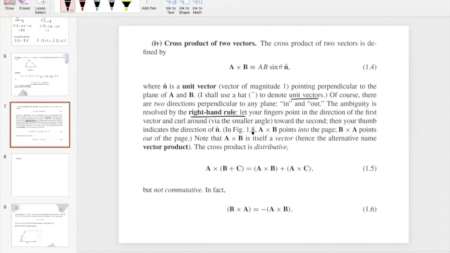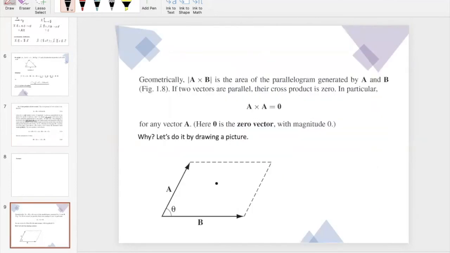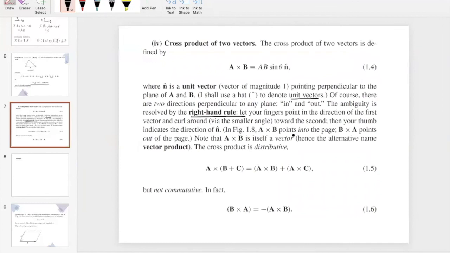So in this figure 1.8, which is shown here, it points into the page. If you do B cross A, it points out of the page.